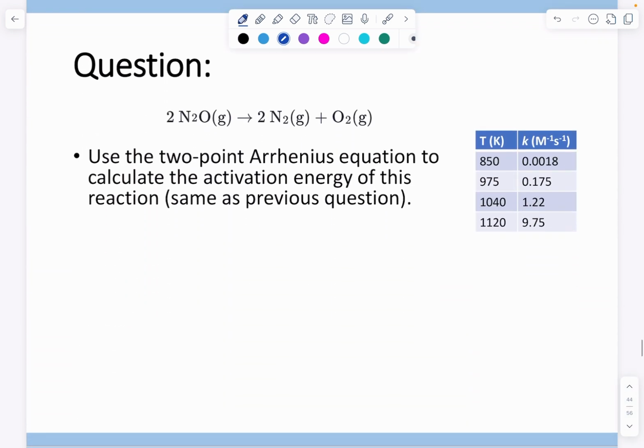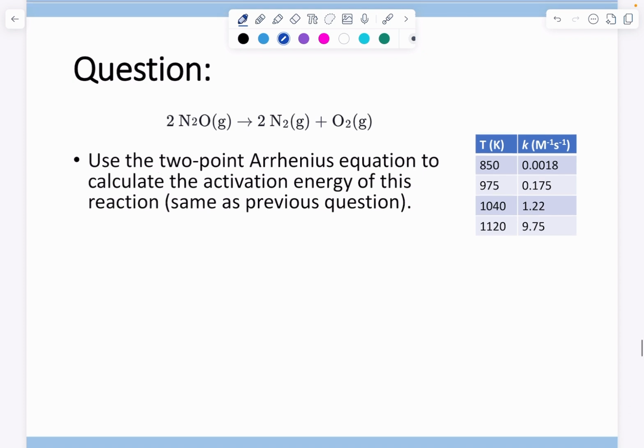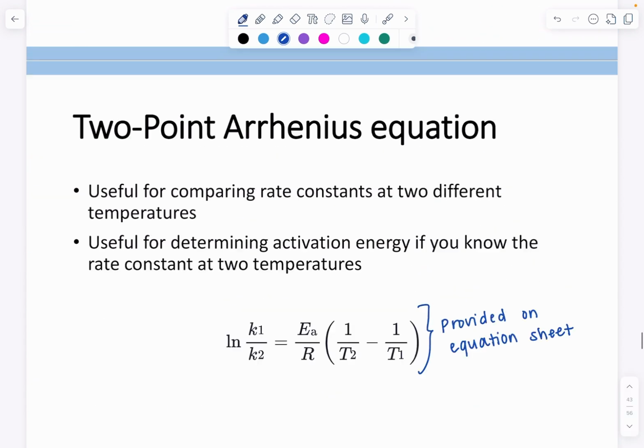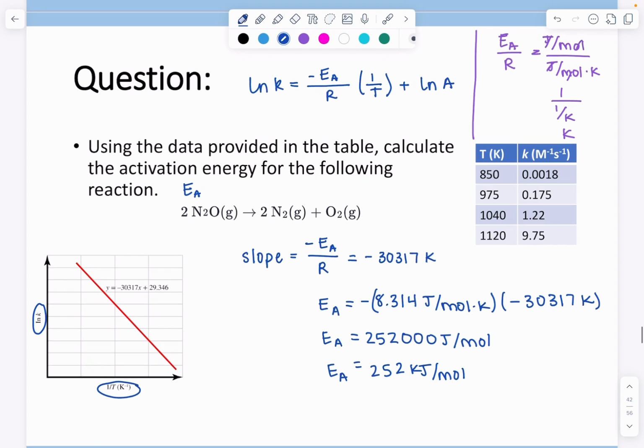We will use the 2-point Arrhenius equation to calculate the activation energy of this reaction. So this is the same reaction as the previous question. To find the activation energy, we had to determine K at different temperatures, plot the data, find the slope of the line, and then use that to find activation energy.